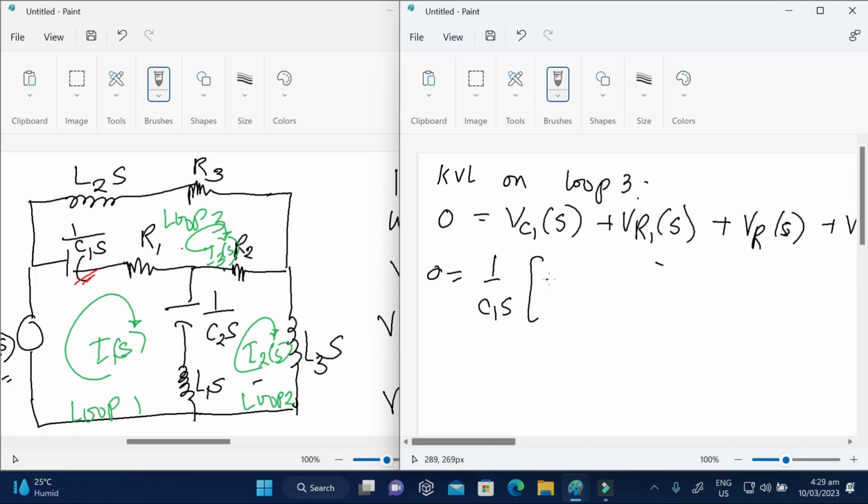Ayan. So, having this, ito 1 over C1S as its impedance multiplied by the current here. So, since we are in loop 3, what we will make as positive is yung I3S, no? Minus I1S.